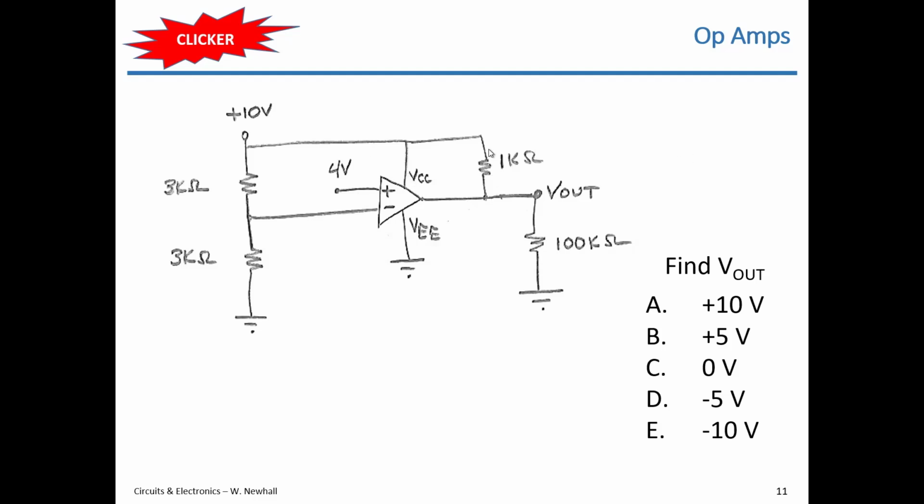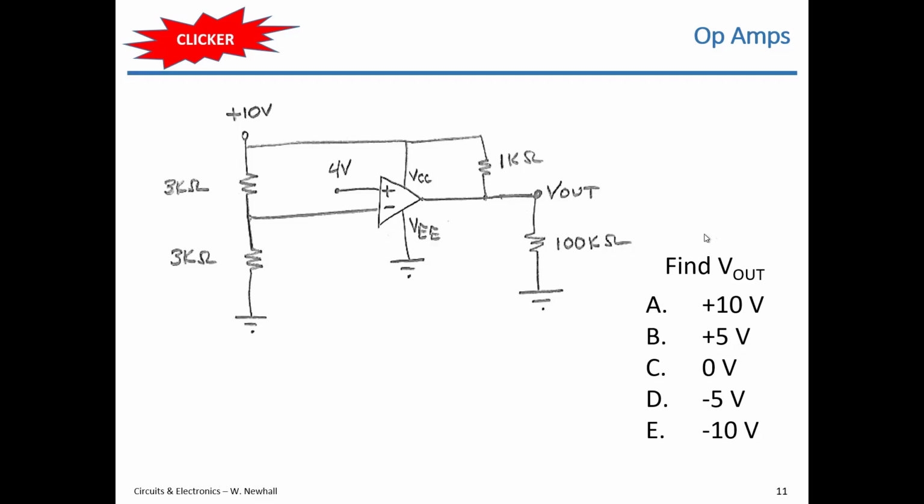Is there some connection between the output and the inverting input that doesn't have a node that is connected to a constant voltage? Remember, for negative feedback to exist, the output has to be able to influence or change the voltage at the inverting input. And if there's no negative feedback, then it's a different type of circuit. It's not a linear circuit.